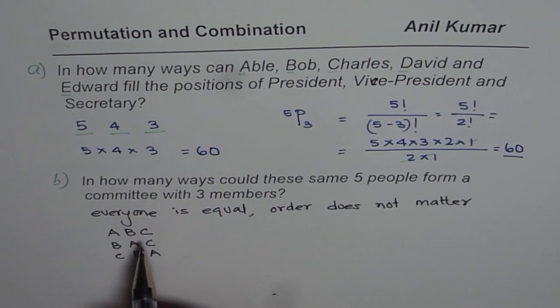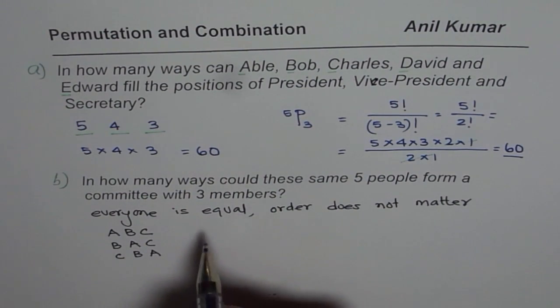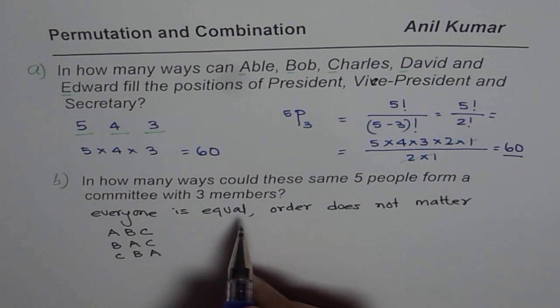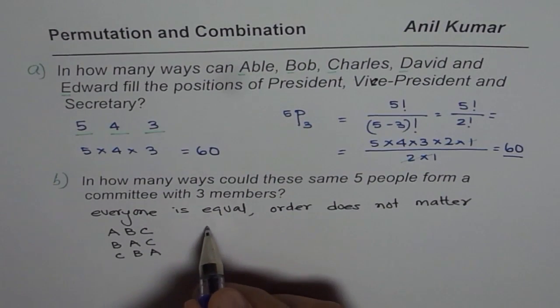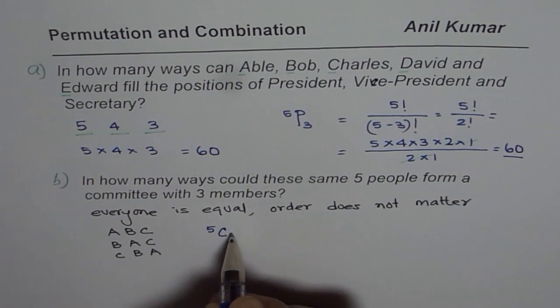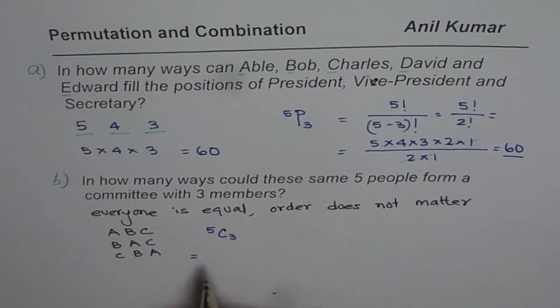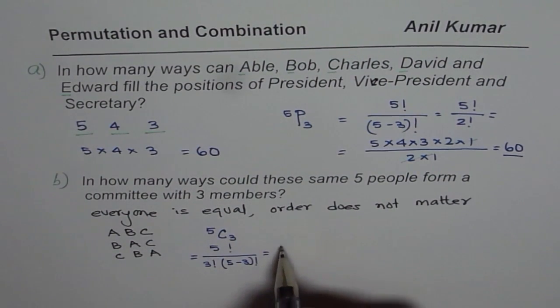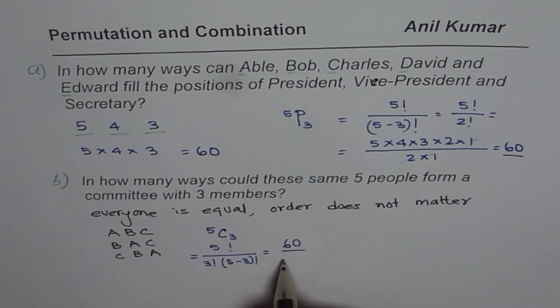So what we find here is that the number of ways it could be done is 5C3, which is equal to 5 factorial divided by 3 factorial times (5 minus 3) factorial. Or if you calculate this, we know 5 factorial divided by (5 minus 3) factorial was 60, right? So it is 60 divided by 3 factorial.